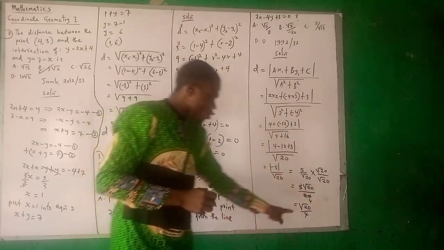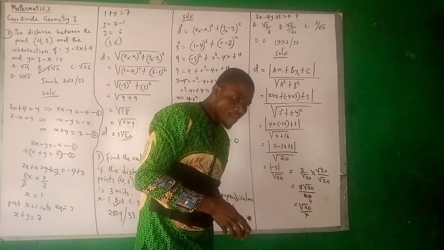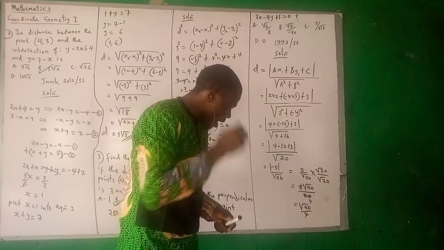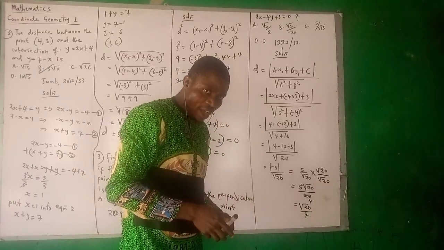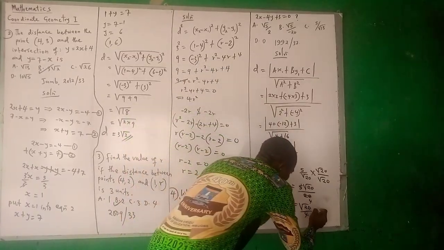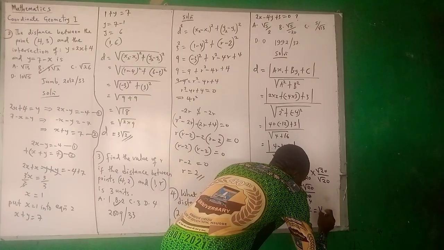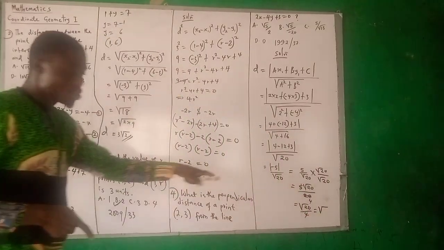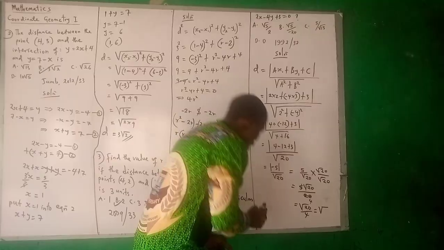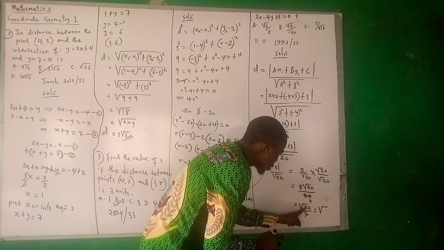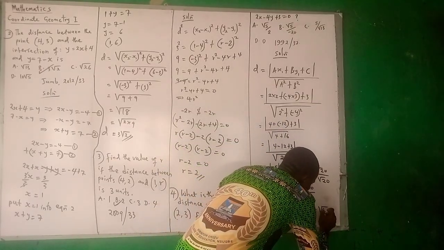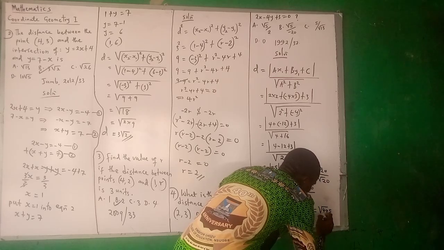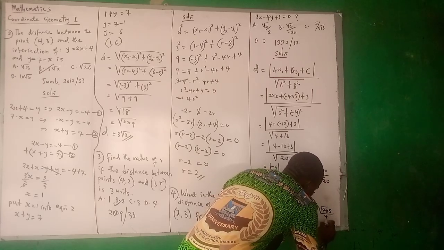Root 20 is complex, so let me simplify it. 20 is 4 times 5, so root 20 is root 4 times root 5, all over 4.